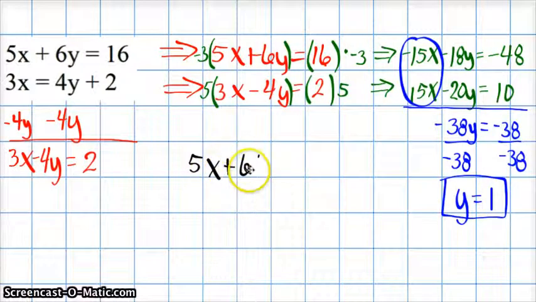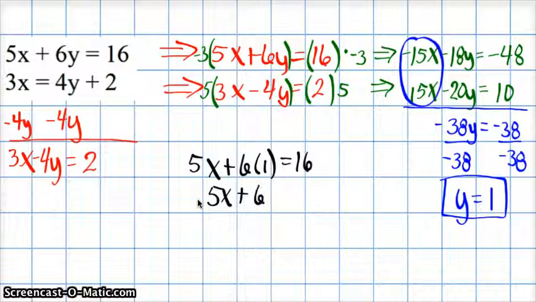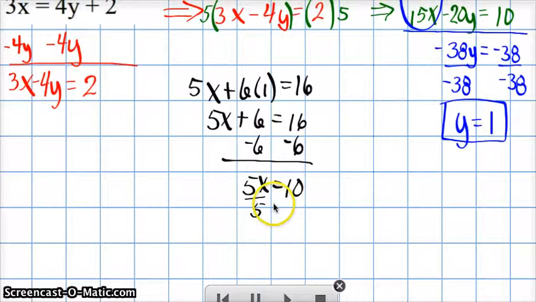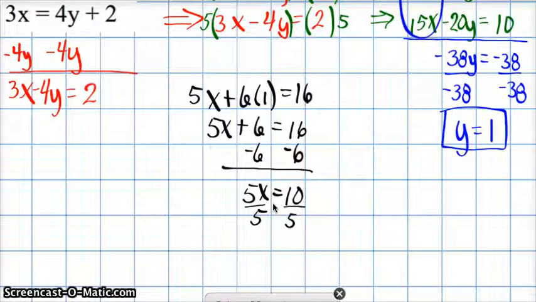So we have 5x plus 6 groups of 1 equals 16. Simplify that, and we get 5x plus 6 equals 16. Isolate the variable x by using inverse operations. We subtract 6 from both sides, and we're left with 5x equals 10. Undo that by dividing both sides by 5, and we're left with x equals 2.